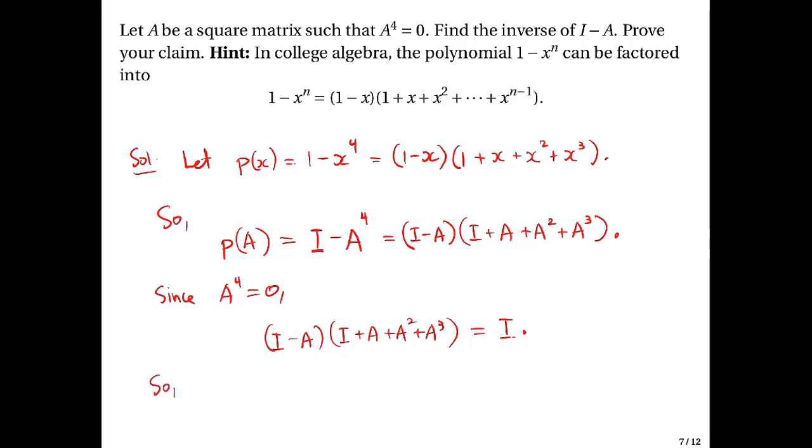I minus A inverse is just this: I plus A plus A squared plus A cubed. And that's it. Questions?